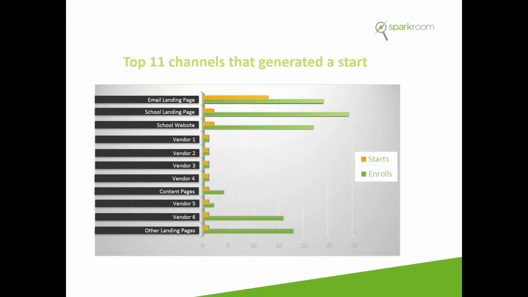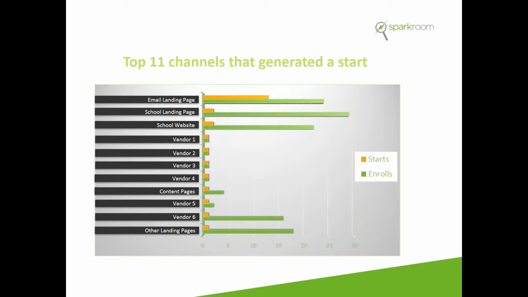But we've seen also that, again, the organic and other landing pages of the school and vendors and content pages, to the extent that we can track it, we've seen that other starts and enrolls came in, and re-inquiries came in from other channels as well.